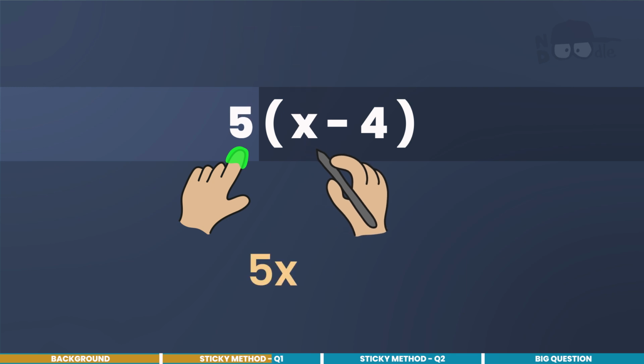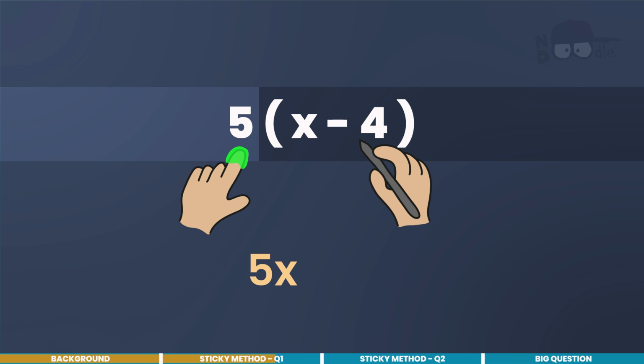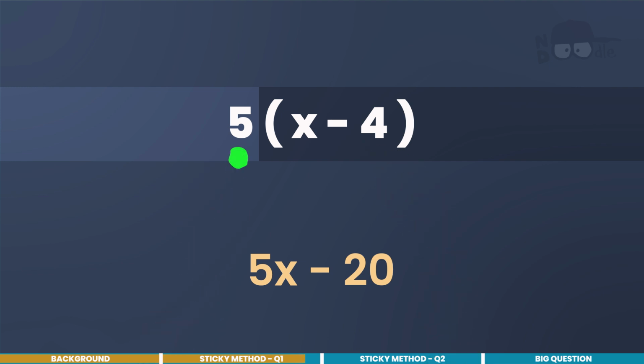Move your pen to the next item in the right chunk and multiply the two things together. Now we have 5 times minus 4, which is minus 20. There are no more items in the right chunk, so we are finished and can take our sticky finger away. We have 5x minus 20, which cannot be simplified any further.